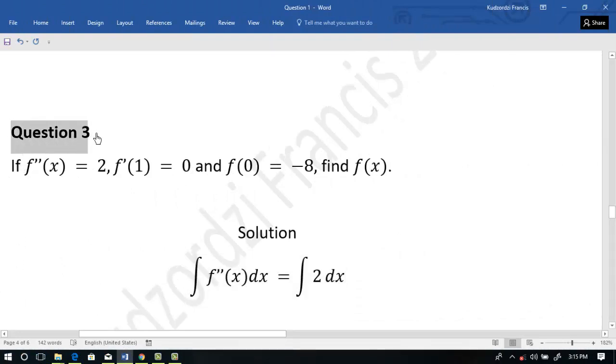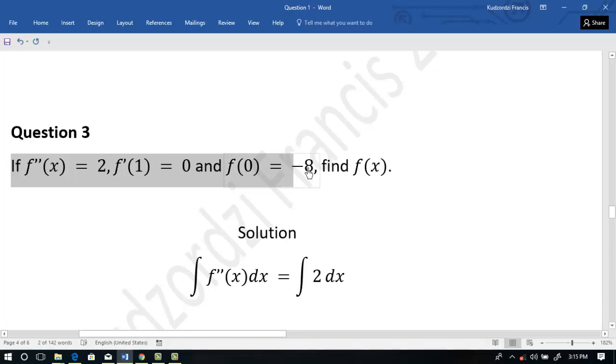Question 3. Now, beyond this question, if f double prime of x is equal to 2, then f prime of 1 is equal to 0, and f of 0 equals -8, find f of x. So we are looking for the function f of x.